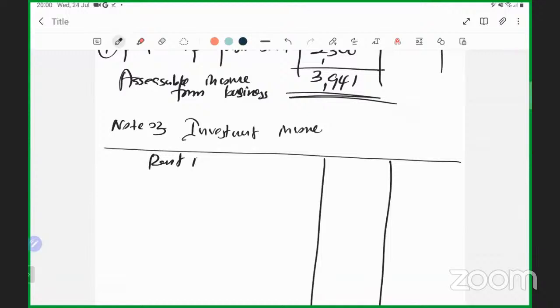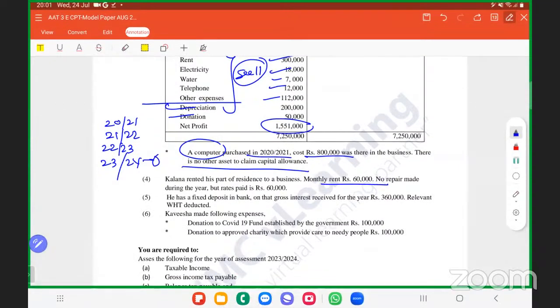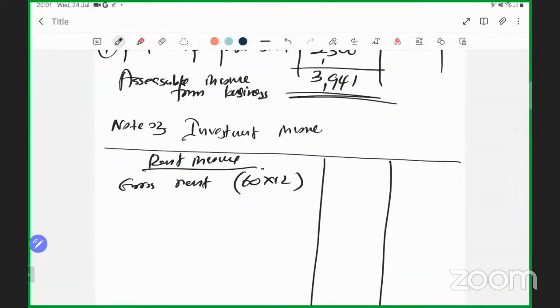So when you calculate that rent income, always you need to get what? The gross rent. 60 into 12 means 720. From that, you can deduct the rates paid.